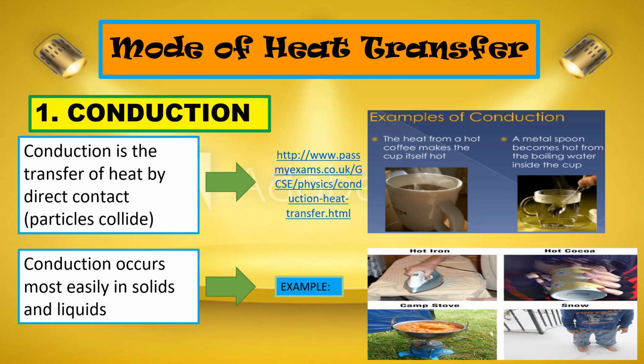Since there is direct contact between the boiling water and the metal spoon, the heat transfers directly to the spoon. That is why if you touch the end of the spoon after a few minutes, the end is warm. Heat transfer happened, and that heat transfer is what we call conduction, because there is direct contact between two materials.